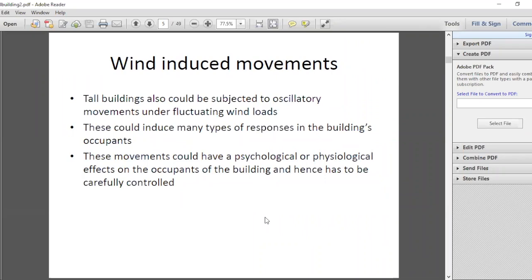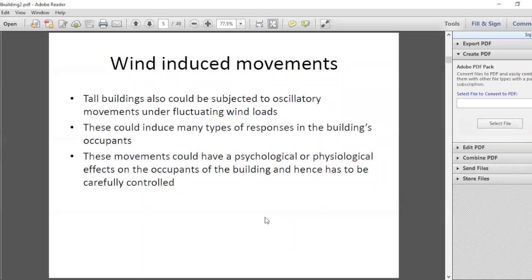So as I explained earlier, a building can be subjected to wind-induced movements. And when we talk about wind-induced movements, in a tall building, we can get a wind acting in two directions.